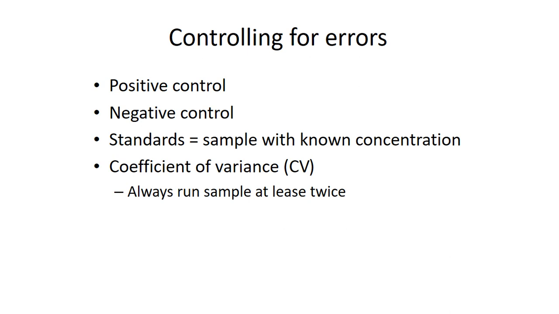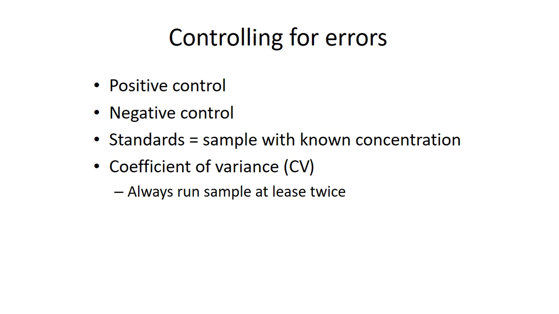You also have a negative control where you add nothing, and if you get a response, then you can determine that the ELISA hasn't worked, because a negative control should never give a reaction. And of course you could add standards with known concentrations, and that's another way to know if your ELISA has worked.